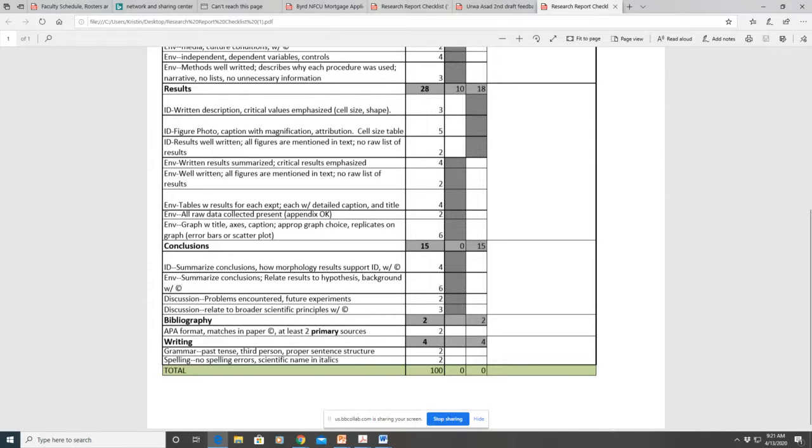You're going to say, to better understand how essential oils affect the growth of bacteria, they were grown in these different environments. The control was this. This is what we found.